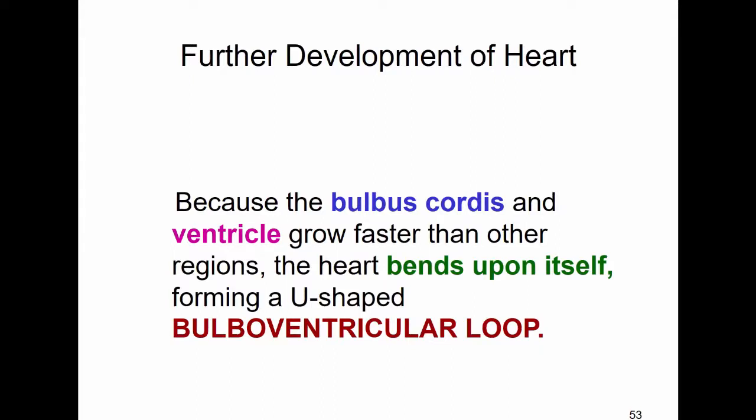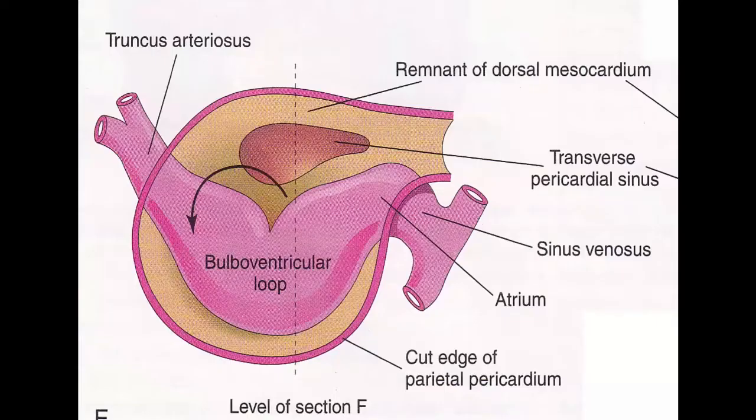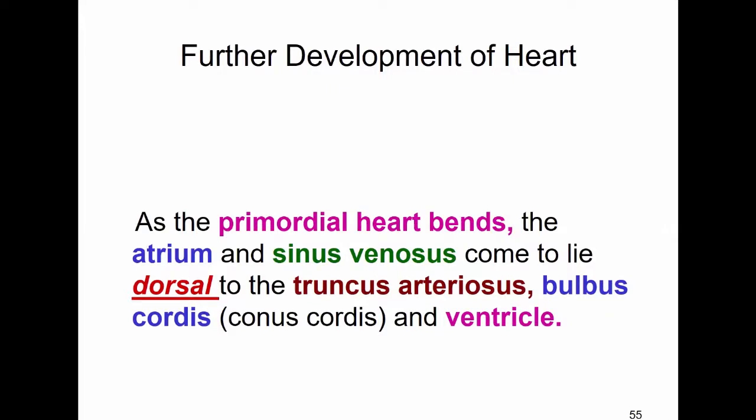So it bends upon itself, forming a U-shaped loop, which is known as bulboventricular loop. And as a result, we can see the atrium and sinus venosus come to lie dorsal to the truncus arteriosus, bulbus cordis, and ventricle.